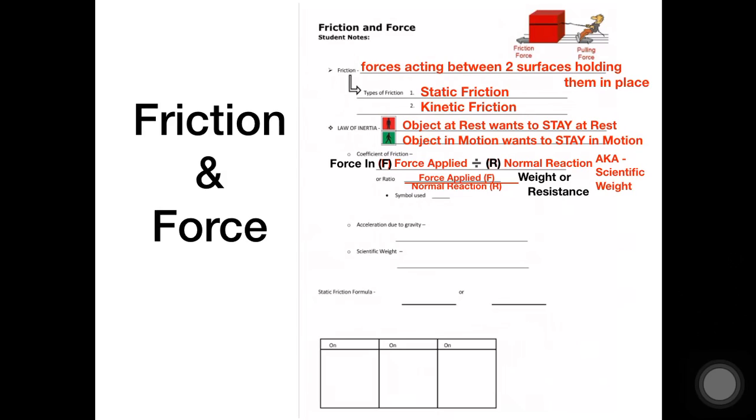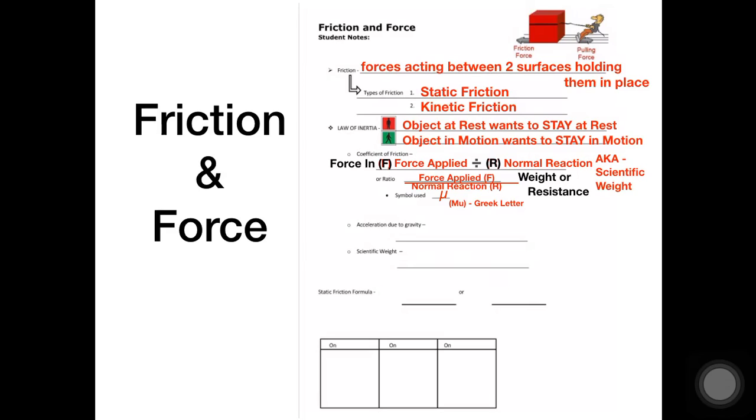If we continue on, we see symbol used. There is a special symbol used for the coefficient of friction. Instead of writing out the words coefficient of friction every time, they use the symbol mu. It looks kind of like a U with a sort of stick on the front. It is mu.